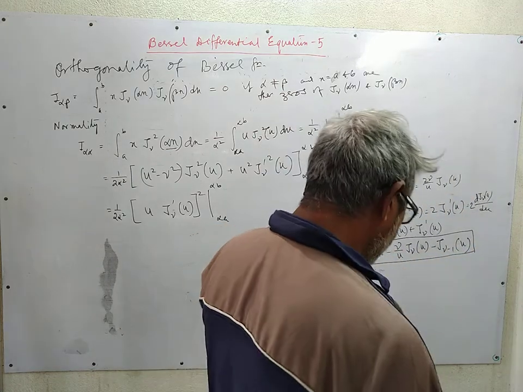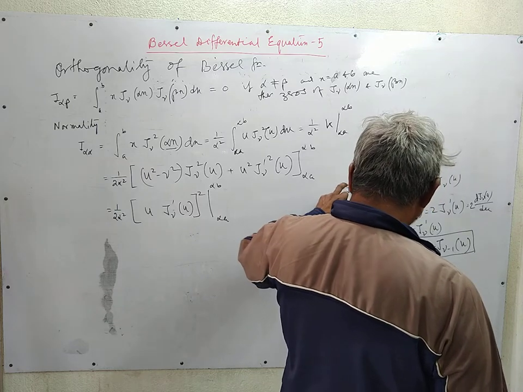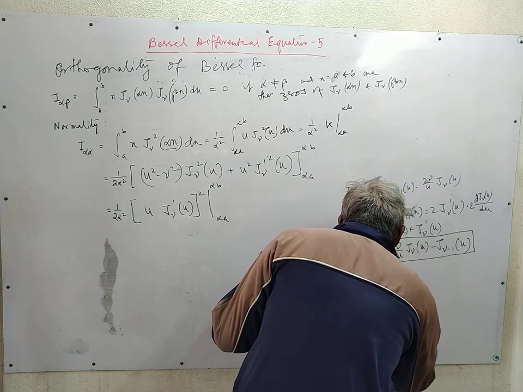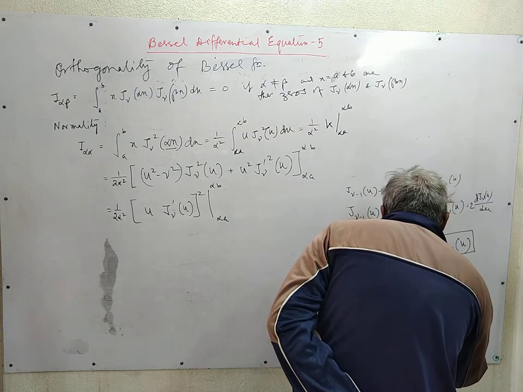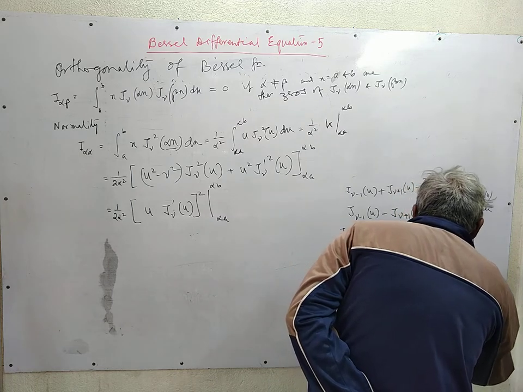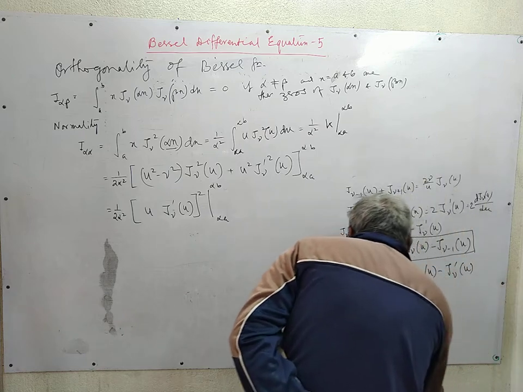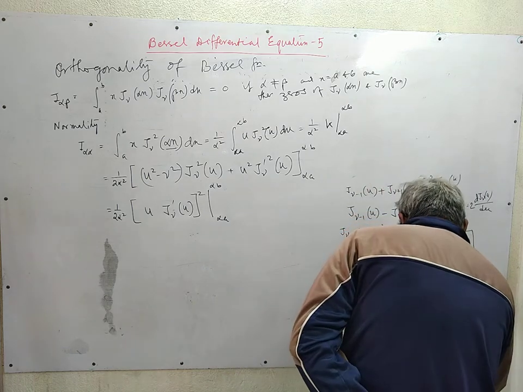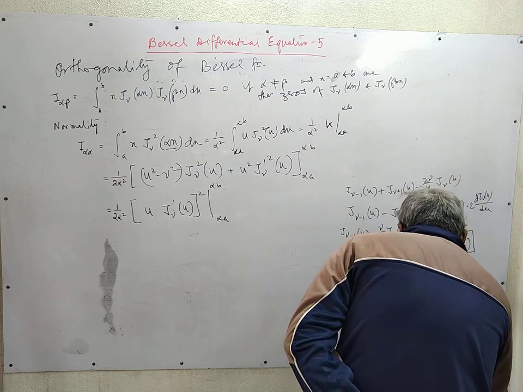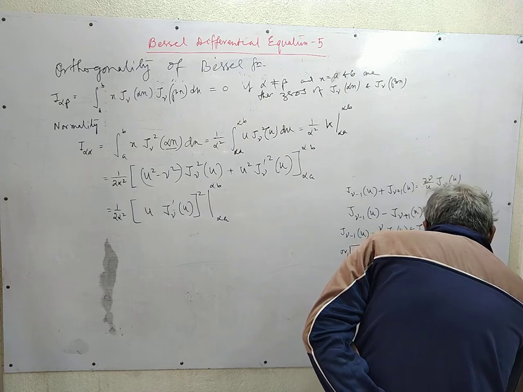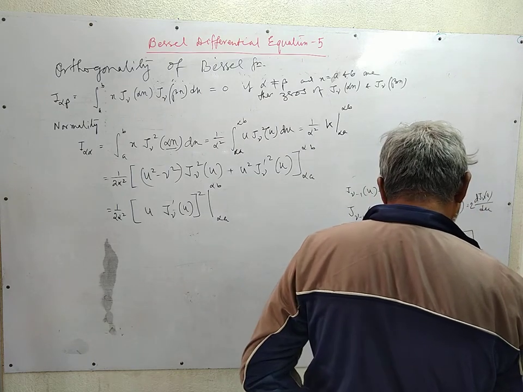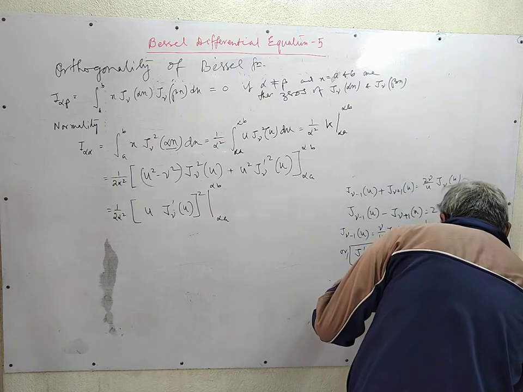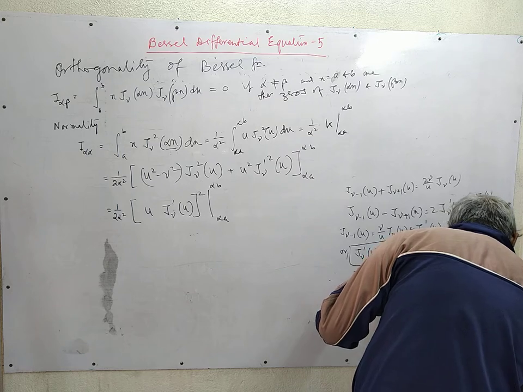Remember that the derivative is with respect to u, and if we subtract this one from this, we get j nu plus 1 of u is equal to nu by u j nu of u minus j nu prime of u, or j nu prime of u is equal to nu by u j nu of u minus... let me check the sign.